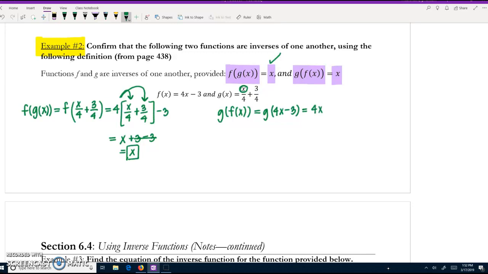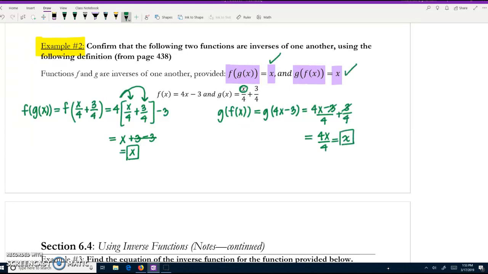So this is going to become 4x minus 3 over 4 plus 3 over 4. And these are fractions, but they're the same denominator, so I can just add my terms directly across my numerator. So this 4x, can't combine it with anything, but this minus 3 and this plus 3, those values are going to go away, and I'll just have 4x over 4. My 4's will cancel, and I'll be left with x. So that matches up here as well.